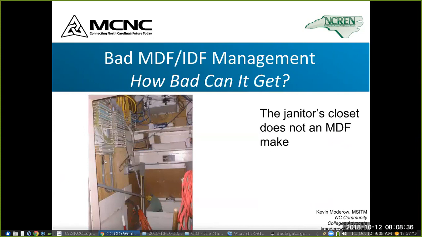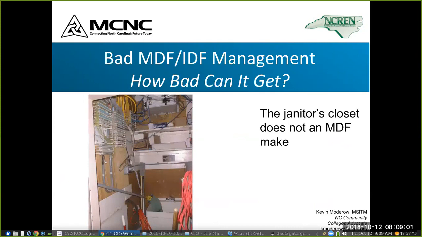And the janitor's closet should not be an MDF, although that is often the case, it seems. Buildings that were built before network infrastructure was such a priority have situations like this. And you can see this is problematic for a number of reasons. One, the equipment itself is very difficult to get to.